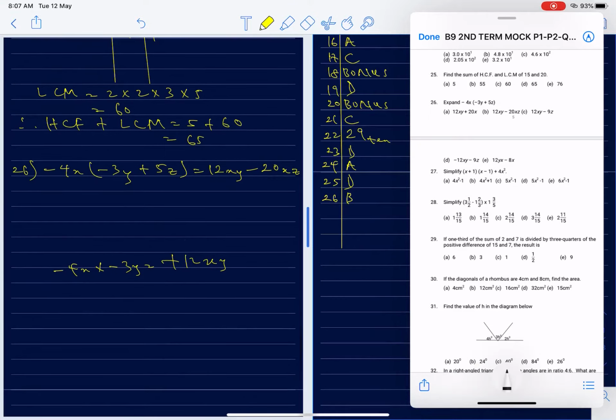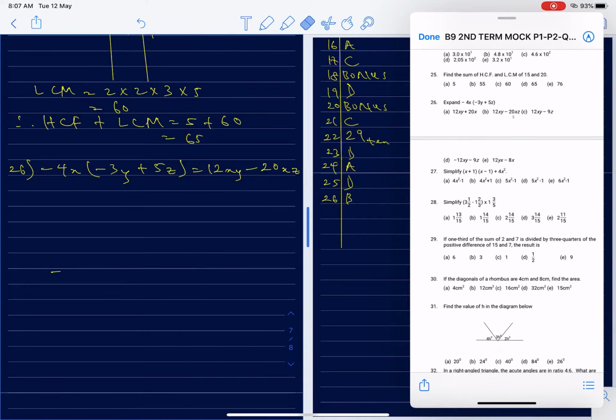27. Simplifying x plus 1 times x minus 1 plus 4x squared. How do we go about this?